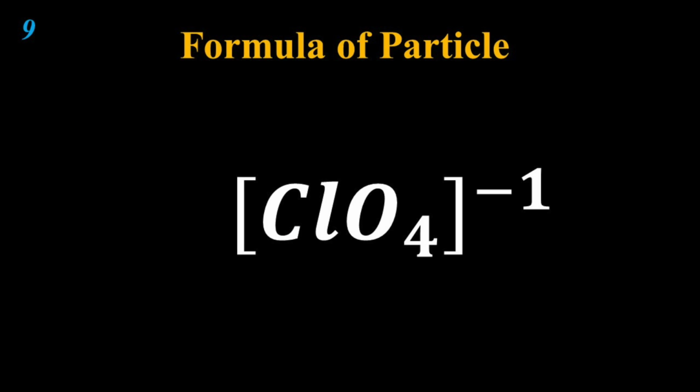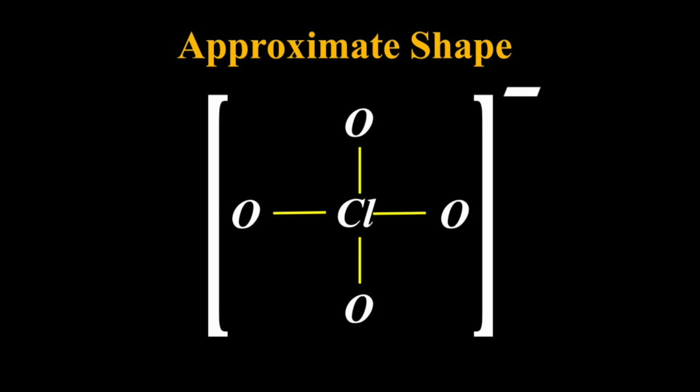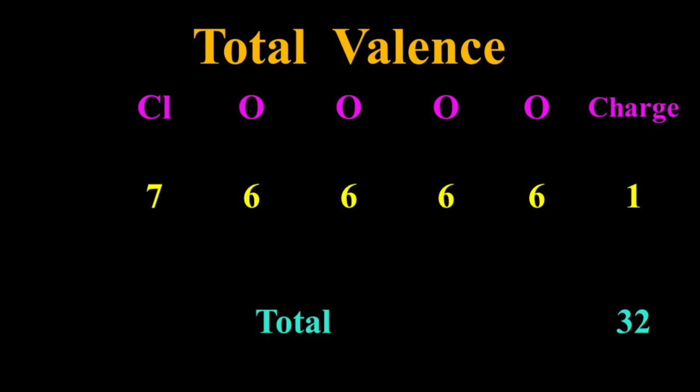Now we have perchlorate, -1, polyatomic ion, and you're going to set it up like this, and you're going to possibly guess that it's tetrahedral, and let's just simply go through it. I'm going to leave you alone, see if you can get these answers yourself.